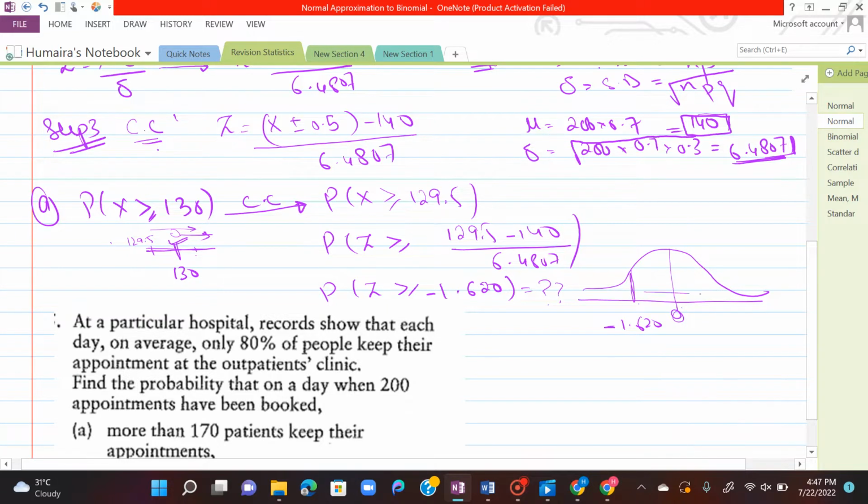Greater than. I want this area, right? So for the greater than area, first of all, this value I will check in the z table, and from here I get this value, like I showed to you.